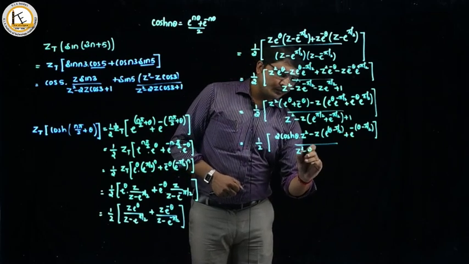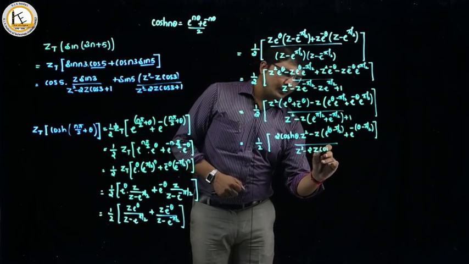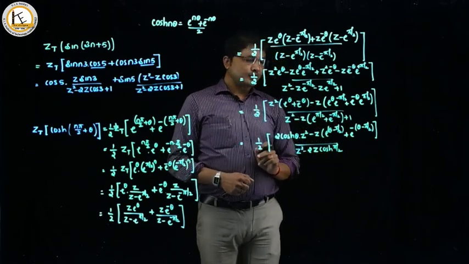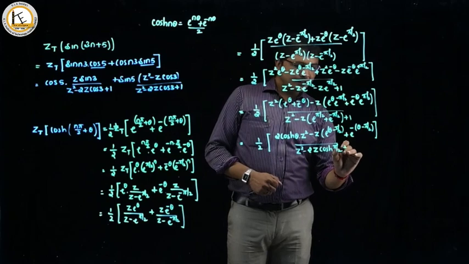So it is 2 times of z into cos θ, then plus 1.